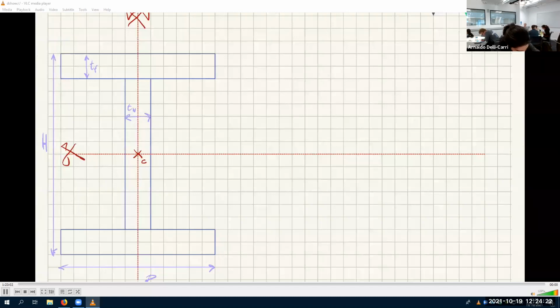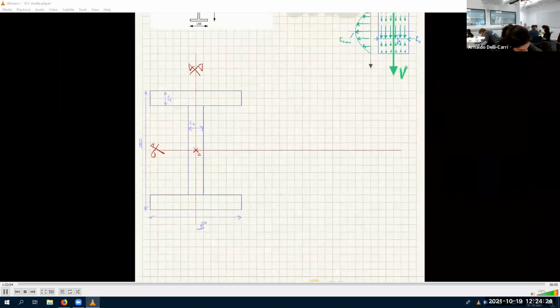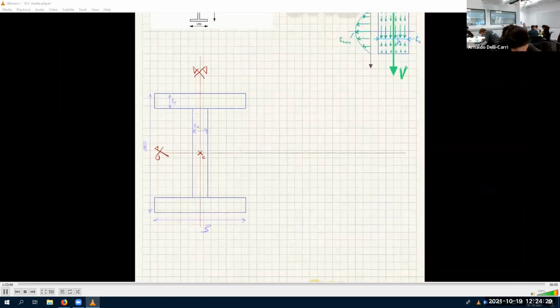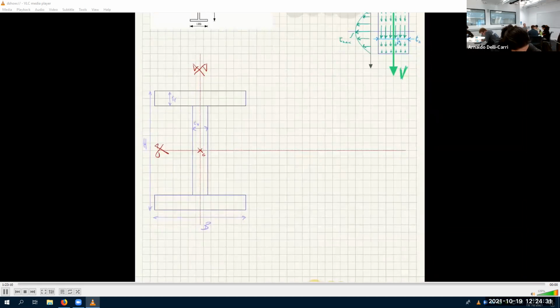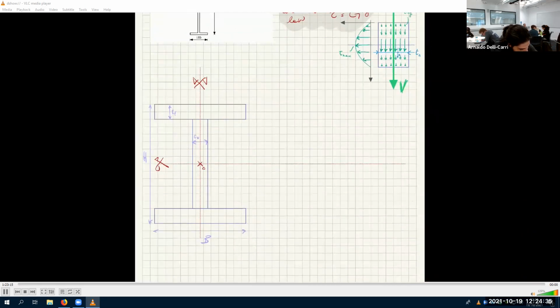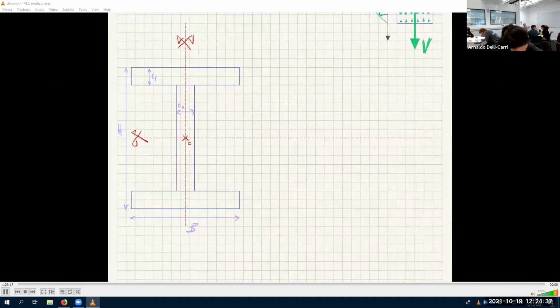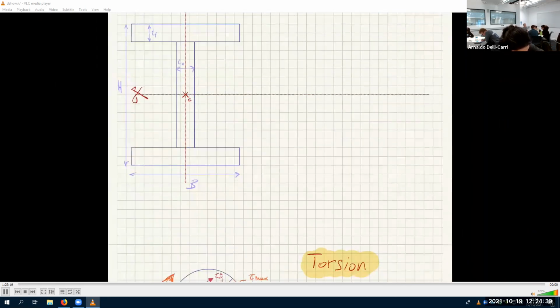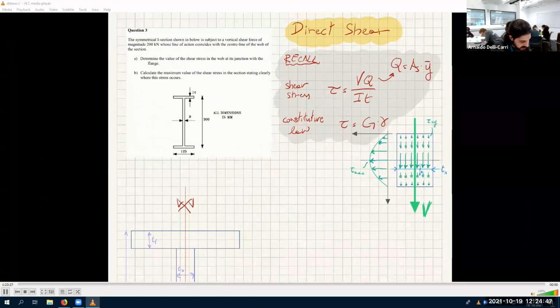Okay. Let me bring this a bit to the right. So how do we calculate the shear stress? Let me use the equation again. The equation is tau equals V times Q divided by I times T. What is I?